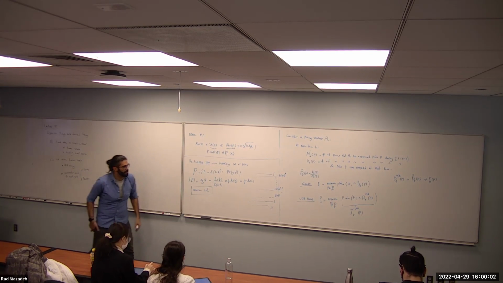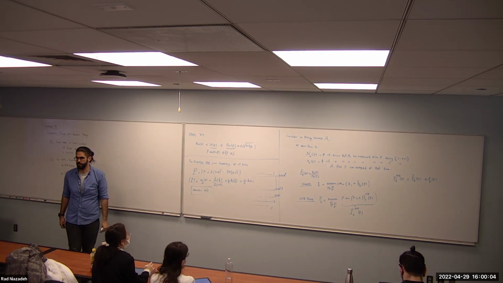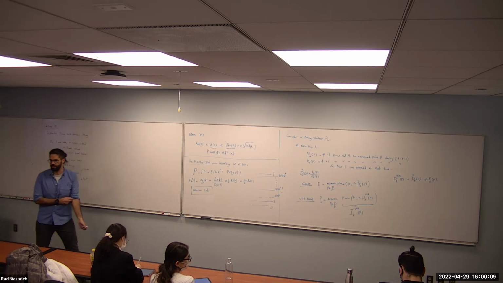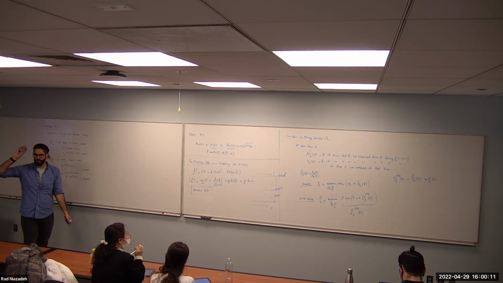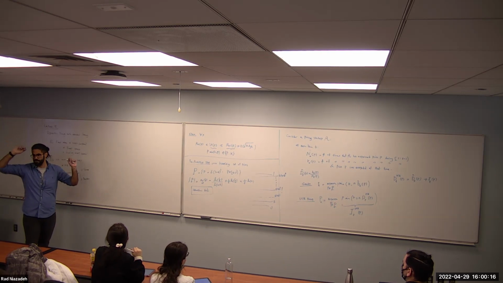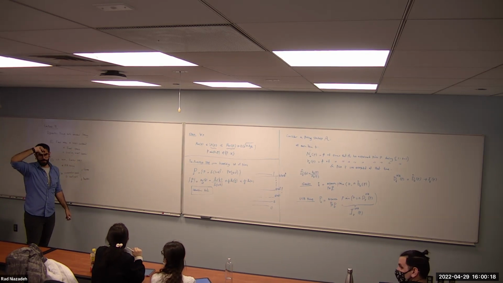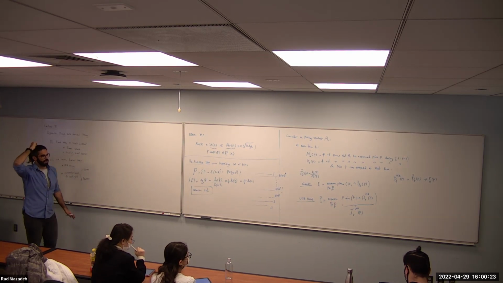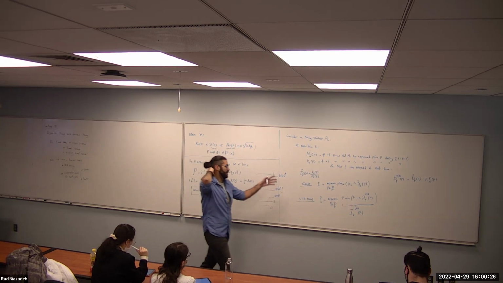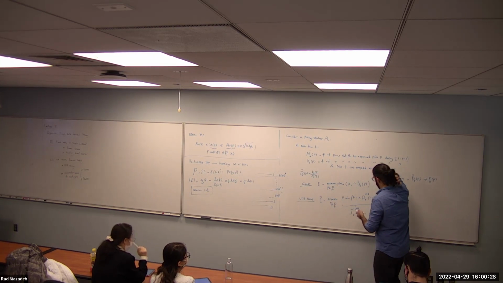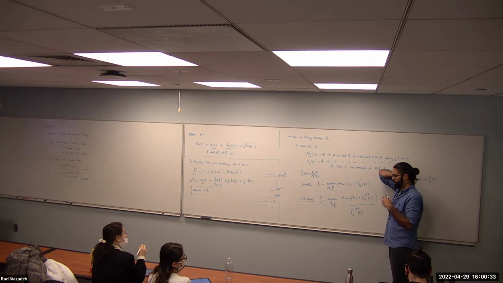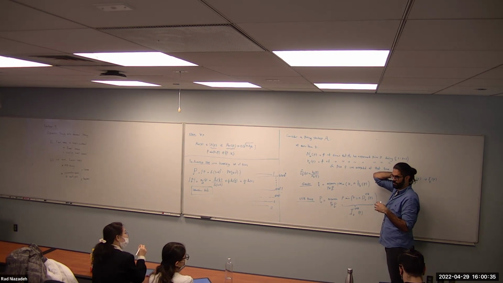What is one natural way of defining R_t(P) if you want to naively follow the UCB recipe? Has everyone seen UCB before? Do we have anyone that hasn't seen UCB at all? It's fine if you haven't. Have you been in the course before? Okay. The idea, Paulina, is that rather than going with the average estimate, you go with an upper bound, to be a little bit optimistic about each arm.